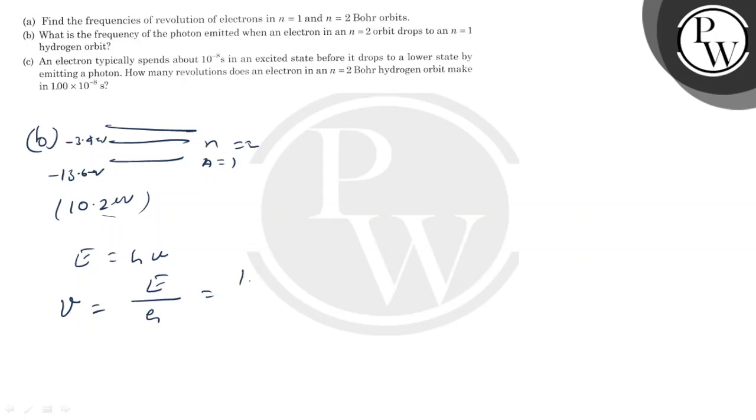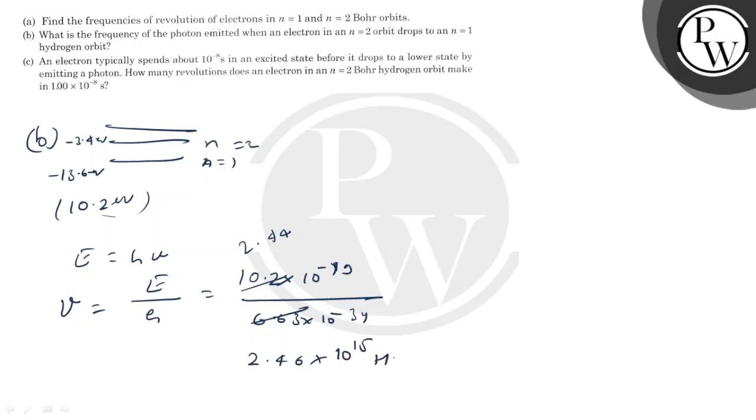So 10.2 into 1.6 into 10 to the power minus 19 divided by 6.63 into 10 to the power minus 34 comes out to be 2.46 into 10 to the power 15 hertz. This is the answer of your B part.